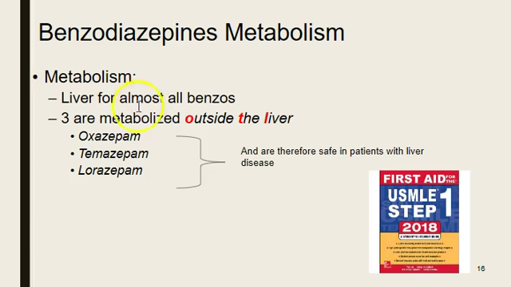And the way you can remember this is, in their proper order, to remember outside the liver, OTL. This is very STEP relevant. STEP loves to talk about this. And so these are the 3 drugs that are safe to use in patients with liver disease for whatever reason.